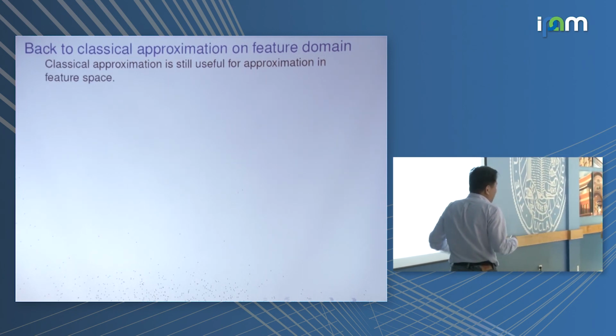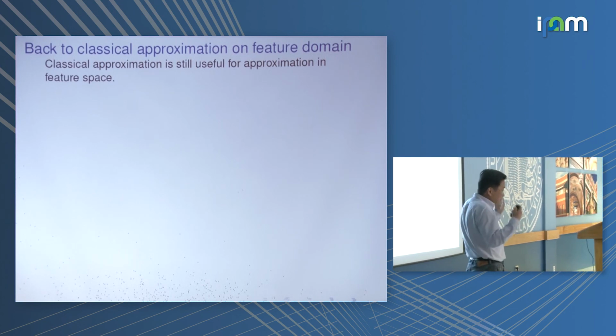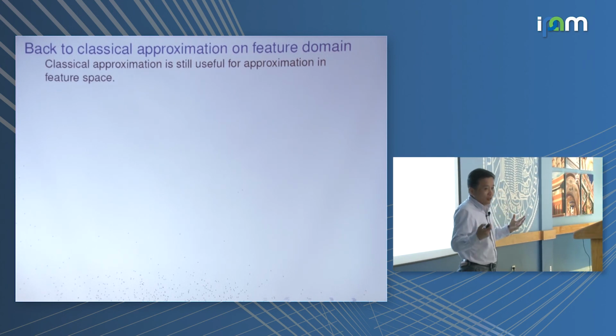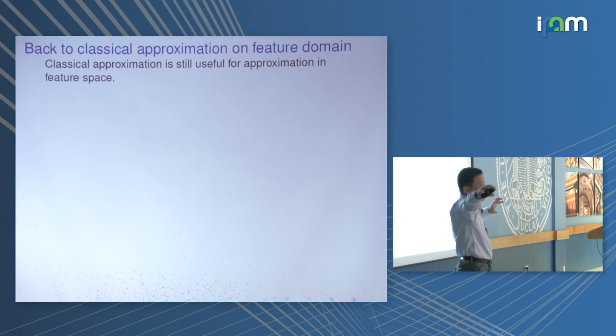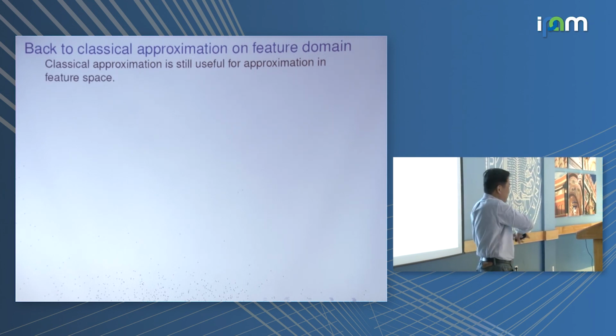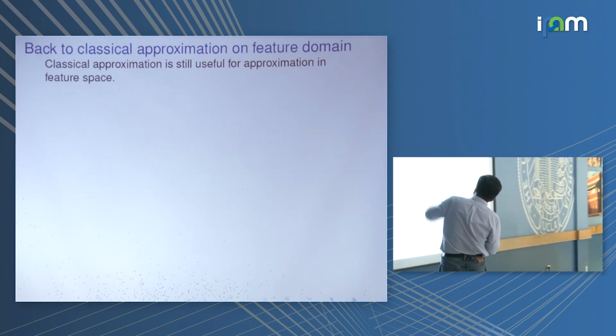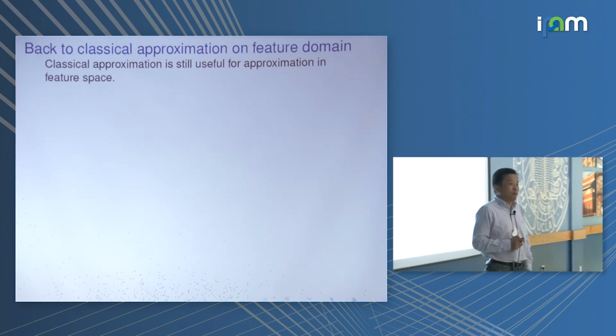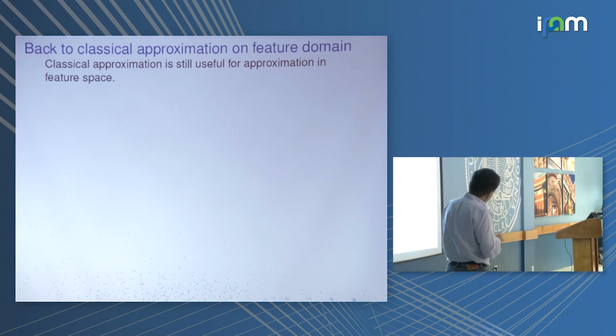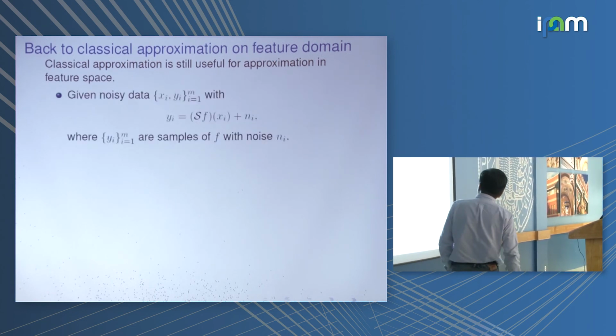So I think deep learning, also the machine learning architecture, helps you simplify the domain, moving this very complex domain to a feature space. But for this one, you still have an approximation problem. Even for classical approximation, now you have a set of data.